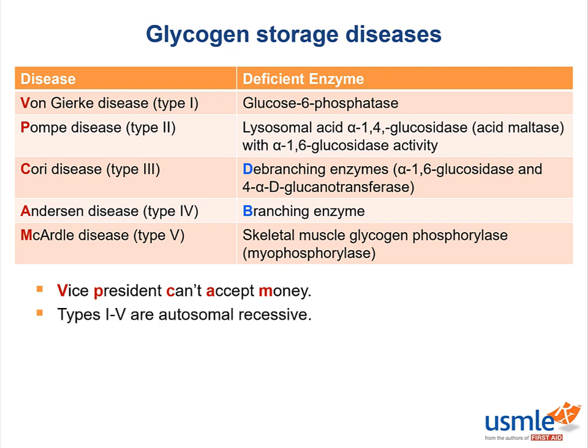Next, types 1 through 5 are autosomal recessive, so all the ones we've discussed are autosomal recessive. And lastly, ABCD. We talked about both a branching enzyme and debranching enzyme, so if you remember ABCD, A for Anderson and B for branching go together, as does C for Cori and D for debranching.